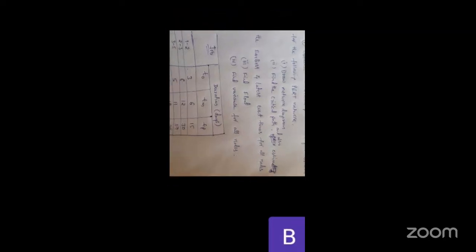So he's asking one more question here, including float, that is, find variations. Here in the PERT method, we have a separate formula for calculating the variations: optimistic time minus pessimistic time, whole divided by 6, whole square. I'll show the variation formula here.